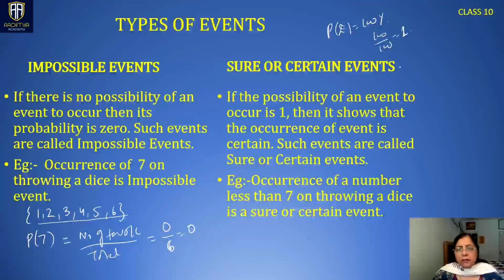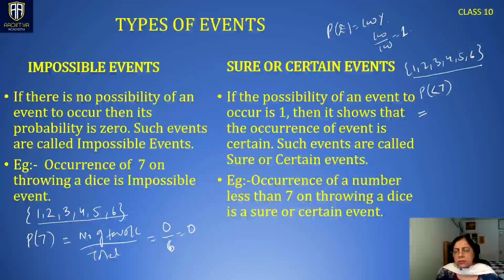Like if I say we have thrown one dice, 1, 2, 3, 4, 5, 6. If I say the probability of getting a number less than 7. So you can see we are looking for numbers which are less than 7. You can check the sample space of this event: 1, 2, 3, 4, 5, 6.